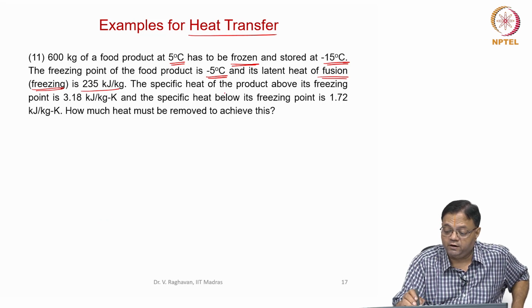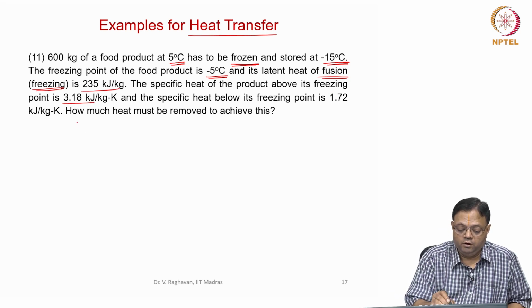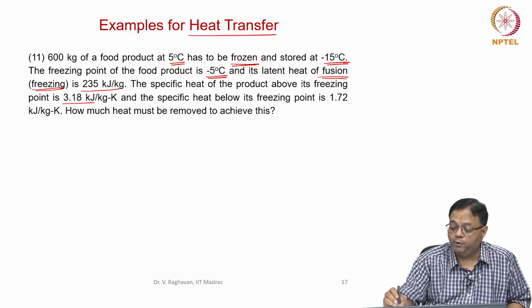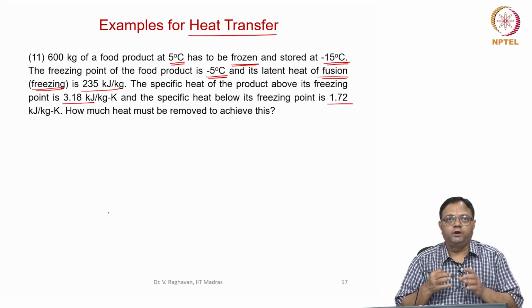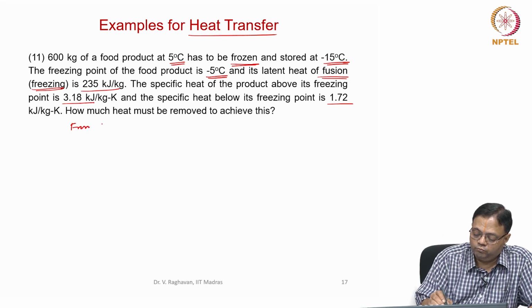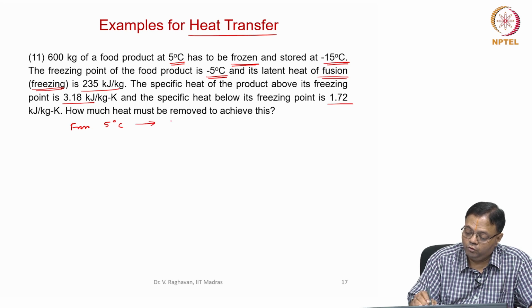The specific heat of the product above the freezing point is C, 3.18 kilojoule per kg Kelvin, and the specific heat below the freezing point is 1.72. So, what happens? First, I have to remove heat. So, from 5 degrees centigrade, I have to first cool it to minus 5 degrees centigrade, the freezing point.